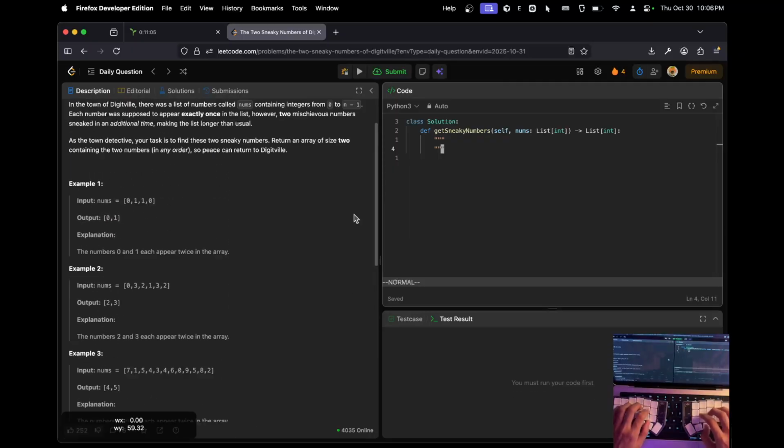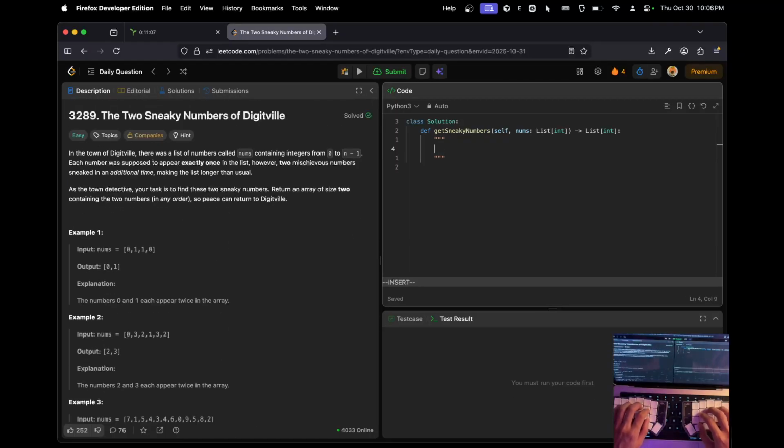Okay, what's the O of one space solution? They're given that n is the size of the list, and the numbers are 0 to n minus 1. So basically, what does that mean?